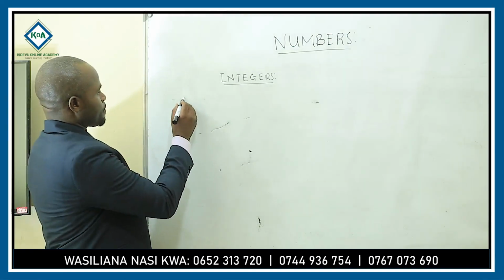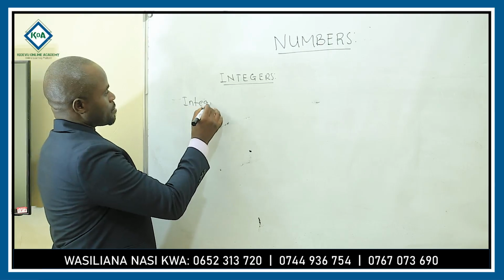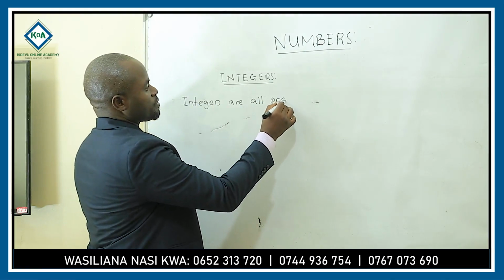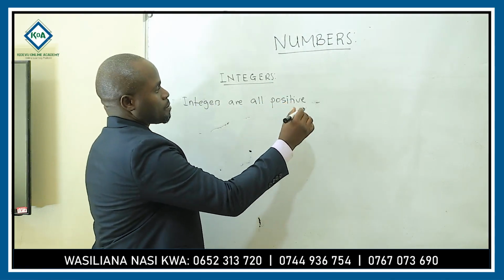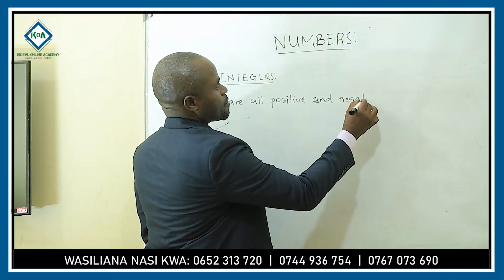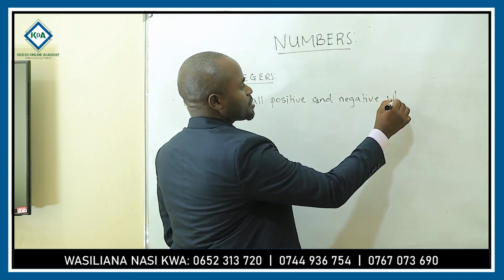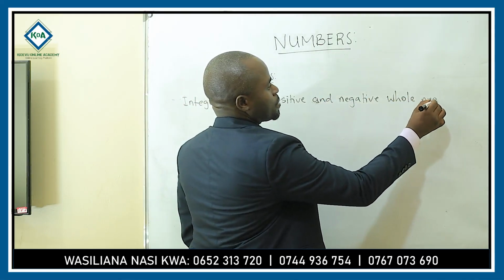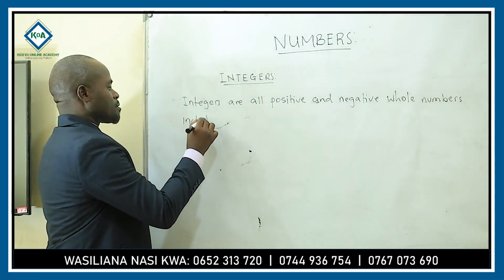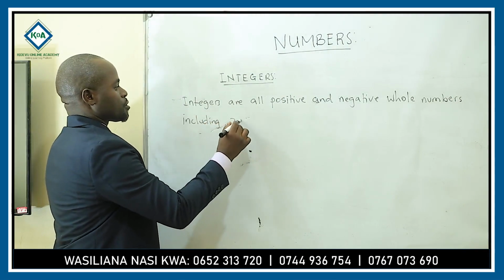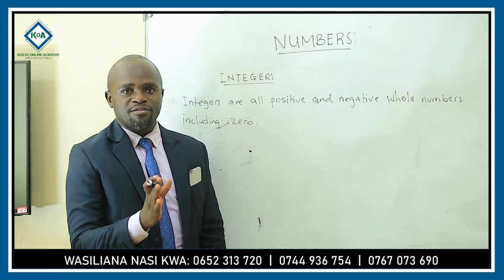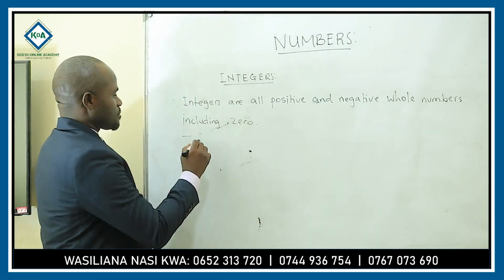So integers are all positive and negative whole numbers including 0. So in integers, we exclude the fractions, we exclude the decimals.